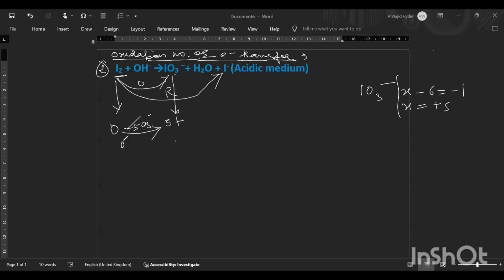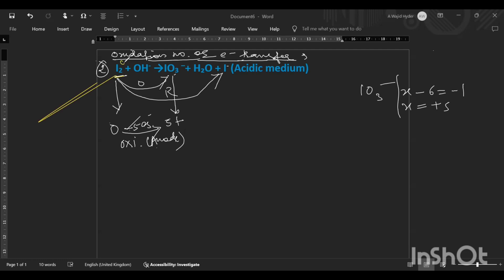And as we already discussed, loss of electron is oxidation and oxidation always takes place at the anode. This is the first one where iodine is getting oxidized.